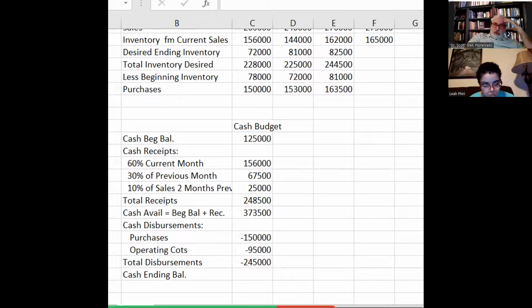And let's go ahead. One month prior. 2 months. Let's go down here. One month prior here is there. That here. Our 2 months prior here.